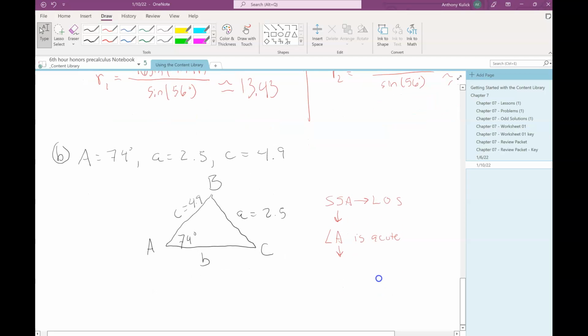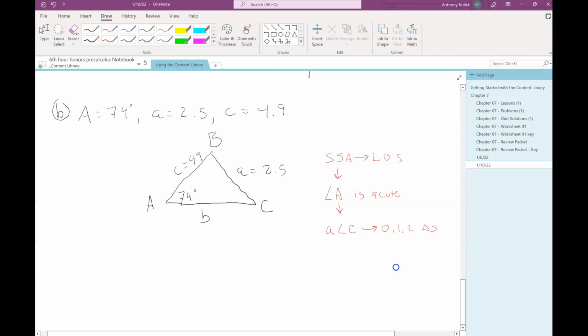So that's the one that requires the extra check. So if I compare the side opposite to the given angle with the other given side, is that opposite side smaller, equal, or bigger? So the side opposite the given angle is smaller. So that's the 0, 1, or 2 triangle situation.